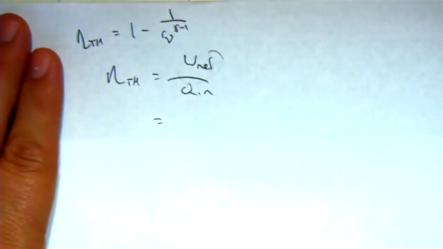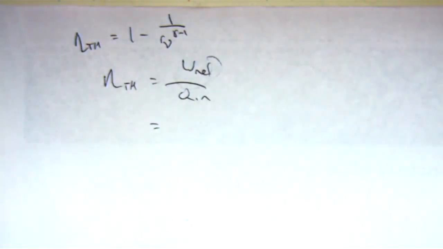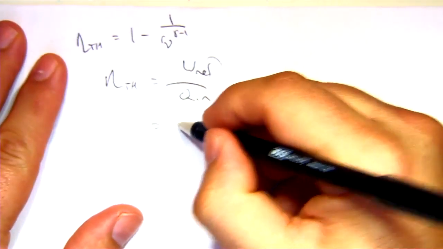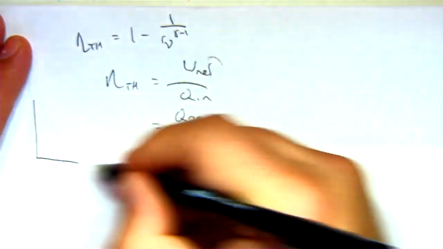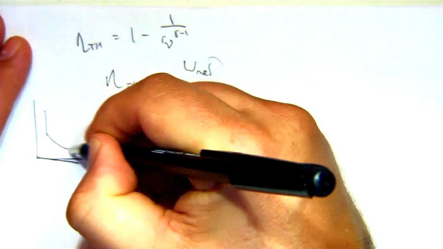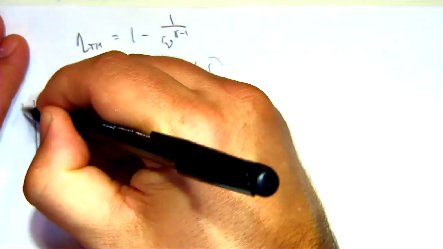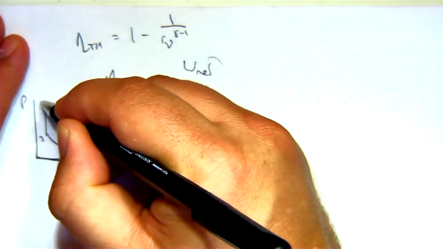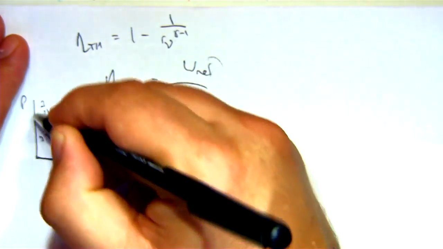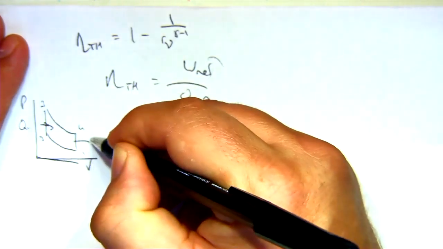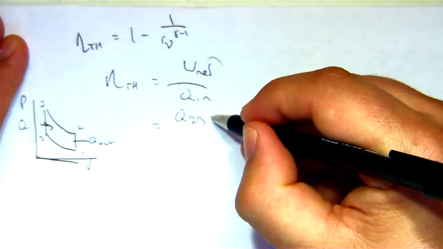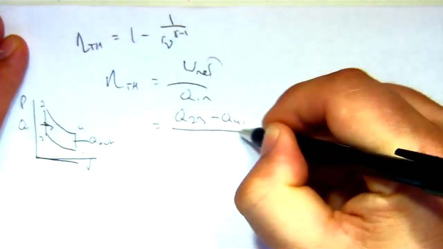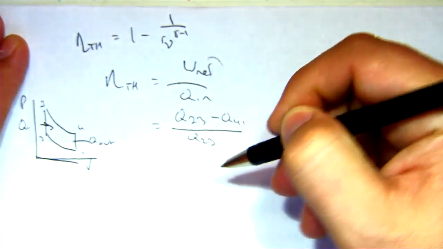Remember, it's a closed cycle, so my net work has to equal my net heat transfer. So up here, I can write Q 2,3. There's no point me writing 2,3 if I haven't drawn a cycle. P, V, 1, 2, 3, 4. This is Q in. This is Q out. Okay? So Q 2,3 minus Q 4,1 over Q 2,3.